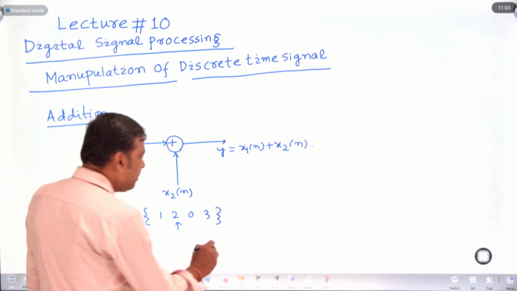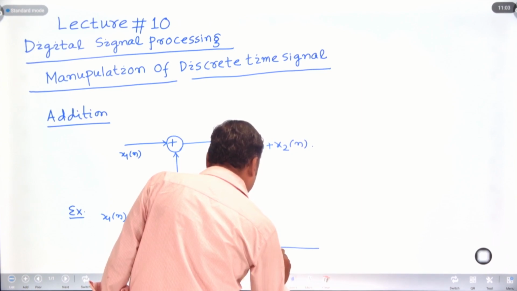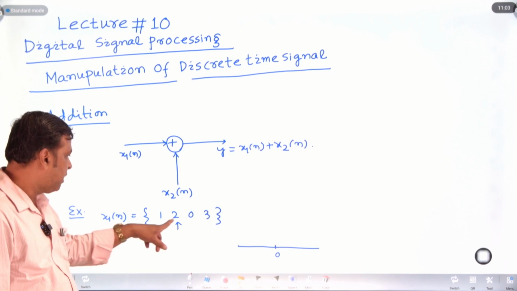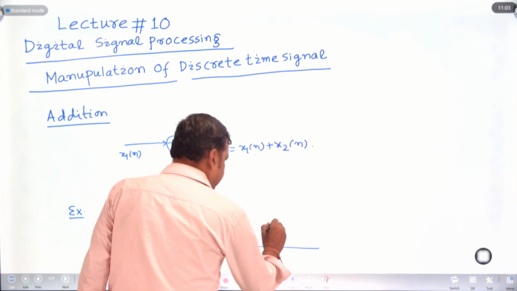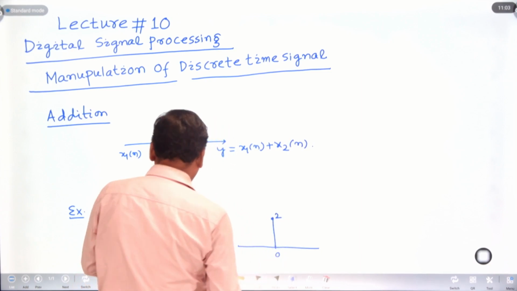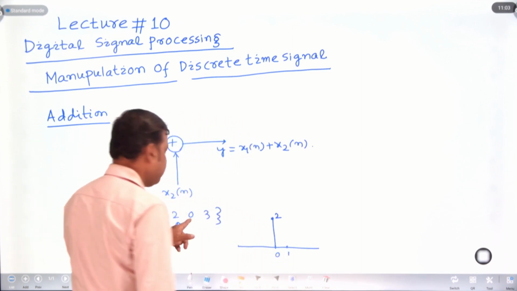As far as graphical representation is concerned, at n equal to 0, the arrow mark indicates n equal to 0, that is x1 of 0, which is 2. Similarly, for n equal to 1, x1 of 1 is 0, so the signal is absent.